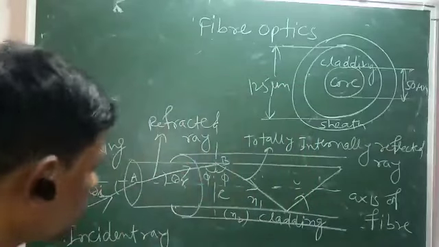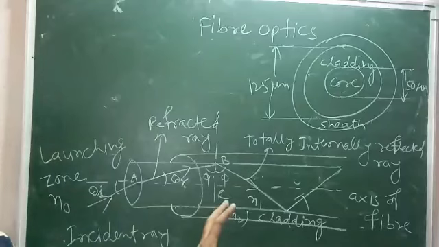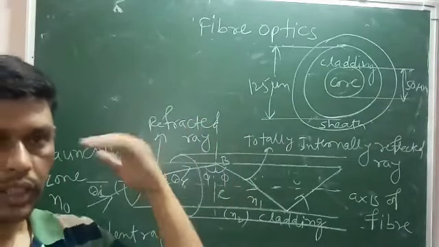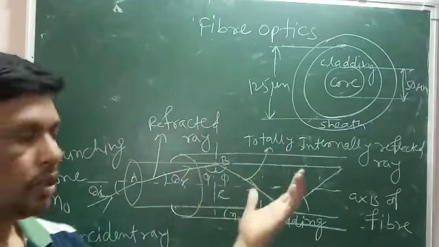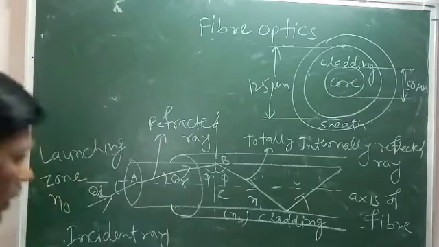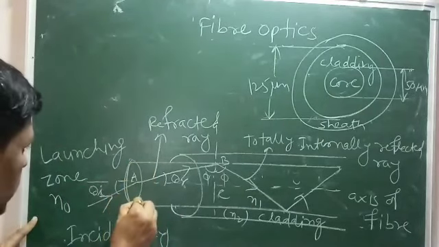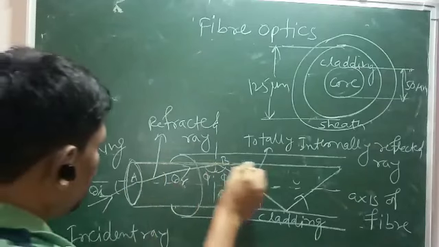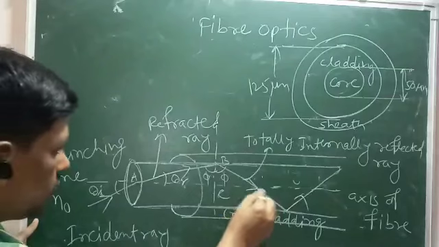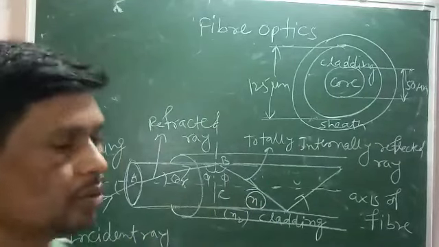Here is the diagram of the transmission of light or information through the fiber. Let us see how it can be explained. Here this is the region of core, where the refractive index n1 is denoted for the core.